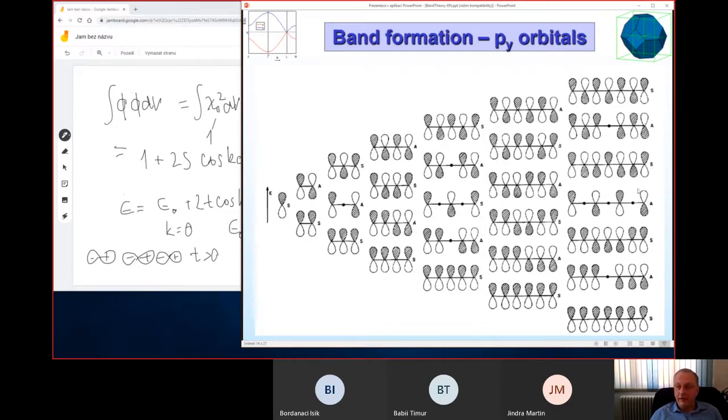So for instance, we have a completely non-bonding character. In this case, you see that there are both anti-bonding and bonding interactions between the nearest neighbors. And gradually the number of anti-bonding interactions increases when you go from the bottom of the band, corresponding to the most bonding state, to the top of the band, corresponding to the most anti-bonding state.